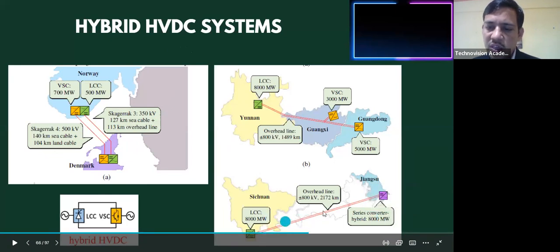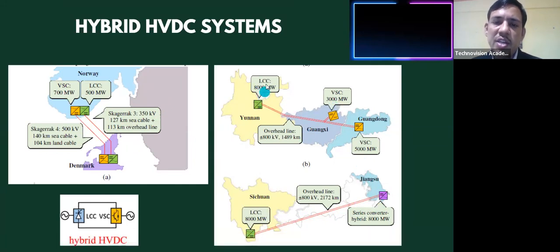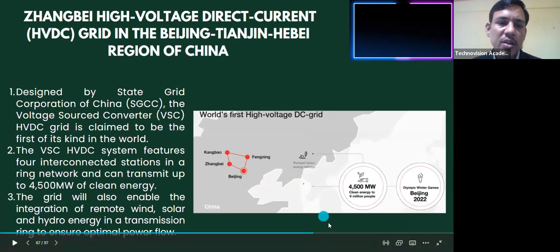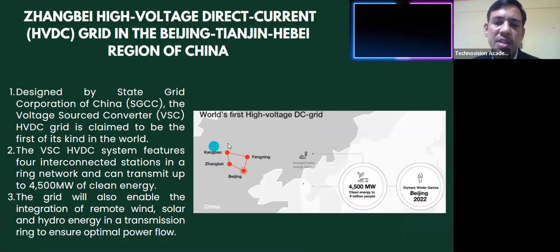Here is LCC and LCC technology, and a VSC, LCC combination. One end is an LCC, the other two ends are VSC. So these are some of the combinations used. And this is the first international, especially in China, where they have developed the DC grid.